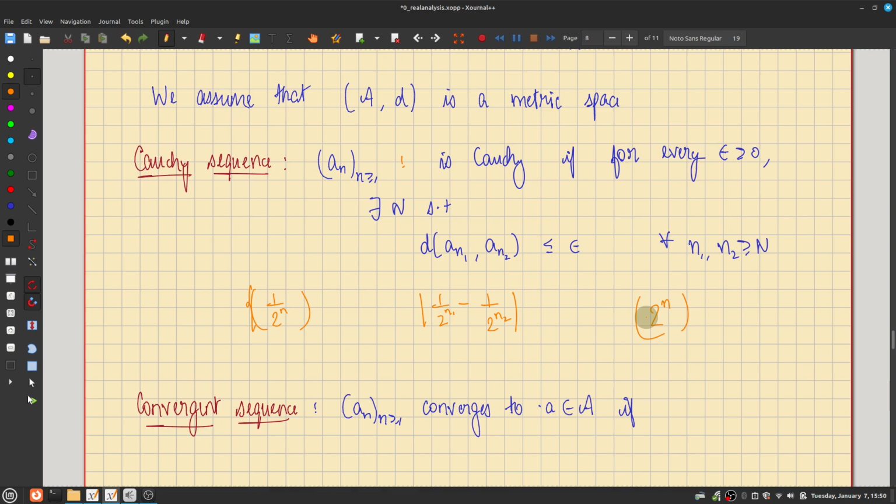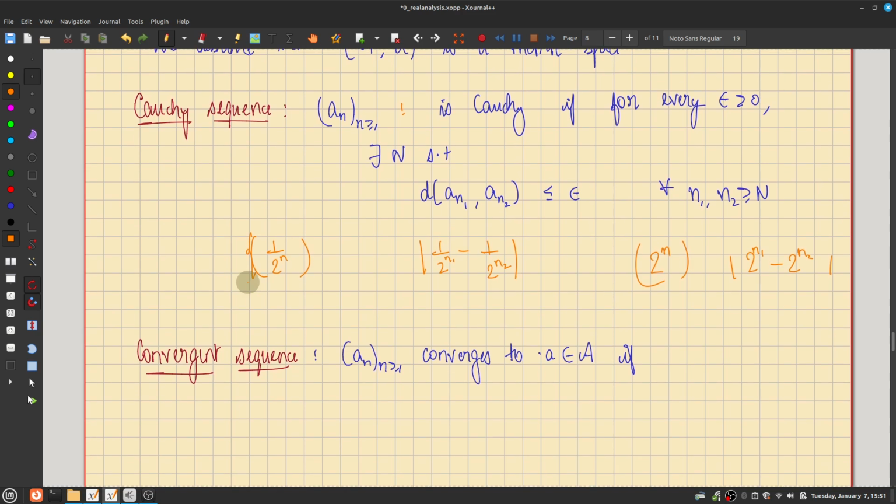If you look at 2 to the power n1 minus 2 to the power n2, if n1 and n2 are really large, then the mod of 2 to the power n1 minus 2 to the power n2 is going to be very large. So this is not a Cauchy sequence, whereas the earlier one is. And a Cauchy sequence, assuming that your set A is nice enough, will also be a convergent sequence.